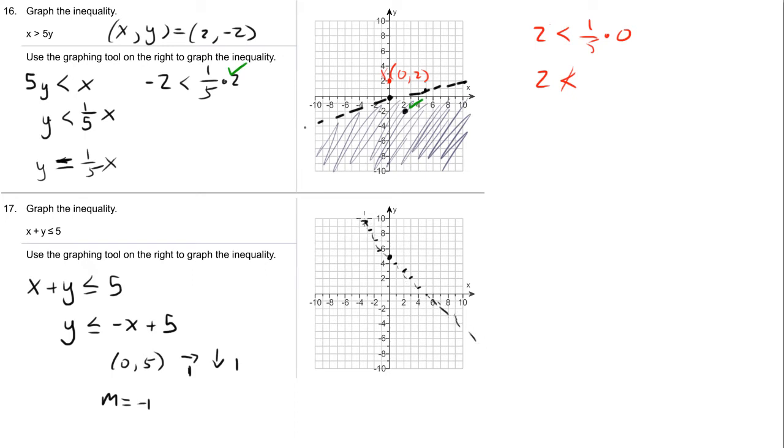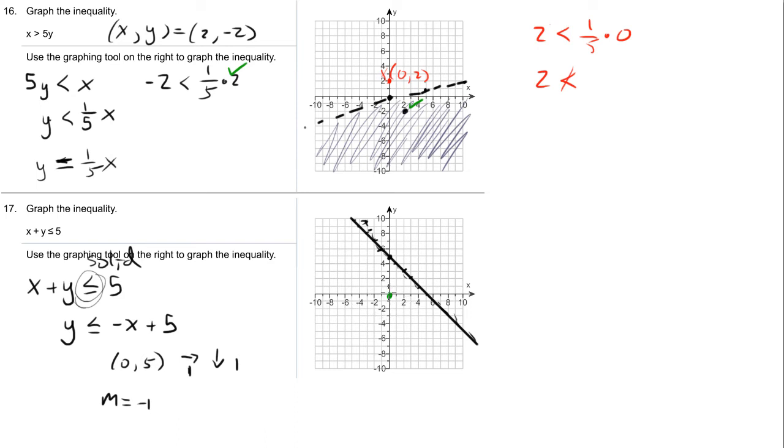Oh wait, it needs to be a solid line, doesn't it? Make a nice solid line here. Why is this one a solid line? Because it's less than or equal to. Okay, and I think we want y less, so I think we want over in here.